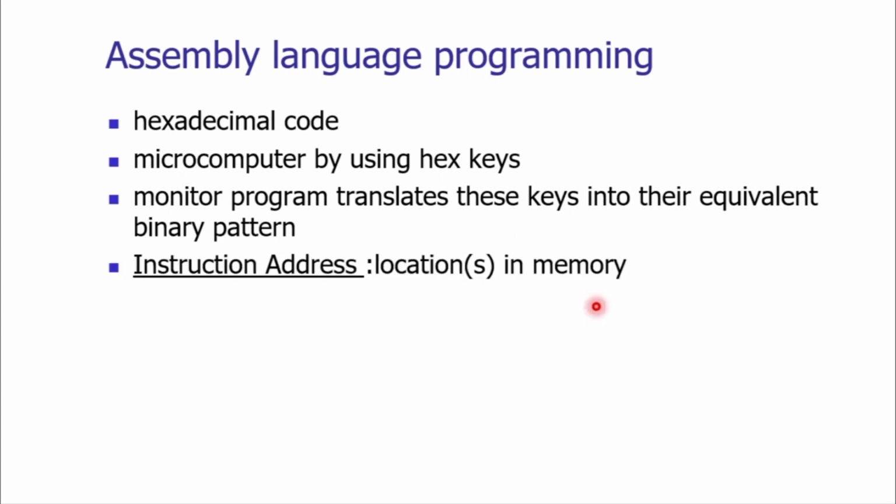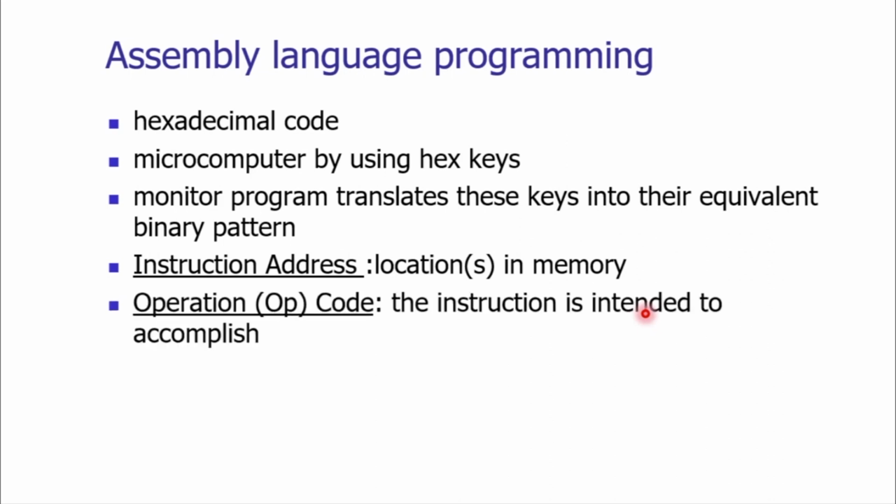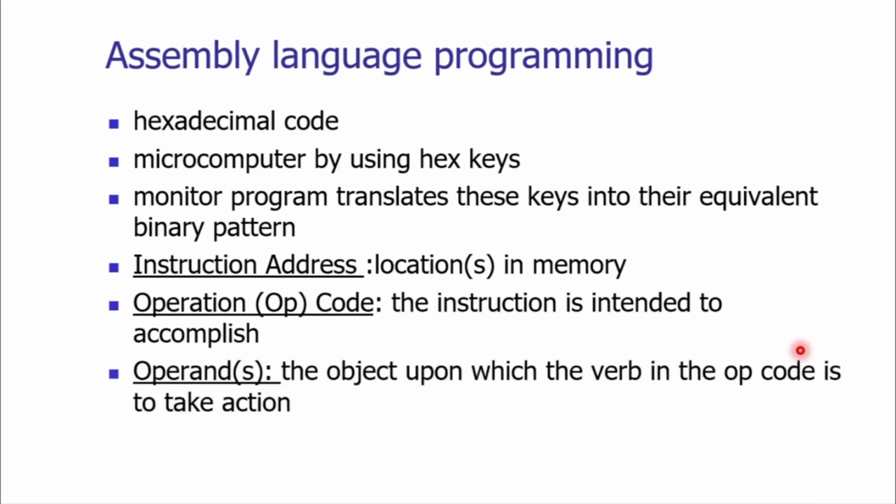What information do we need to carry out operations at the microprocessor level? We need the instruction address, that is, a location in memory of the data on which we have to carry out the operation. We should know the operation code, what kind of operation we need to carry out on the data.